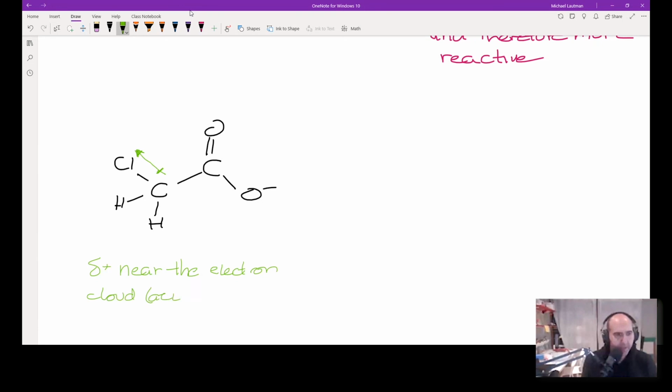We can also call it the acid site. And so what does that mean? Well, we have our electron cloud like in the other cases, but this is a cloud of negative charge, and there's a partial positive, and so opposite charges attract each other.